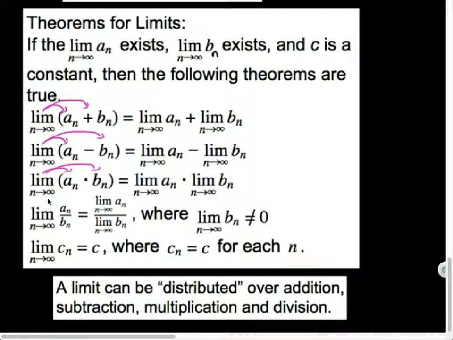That's not actually mathematically appropriate to describe it that way, but I think it visually makes sense. You can write this part down. The limit can be distributed, so to speak, over addition, subtraction, multiplication, and division.